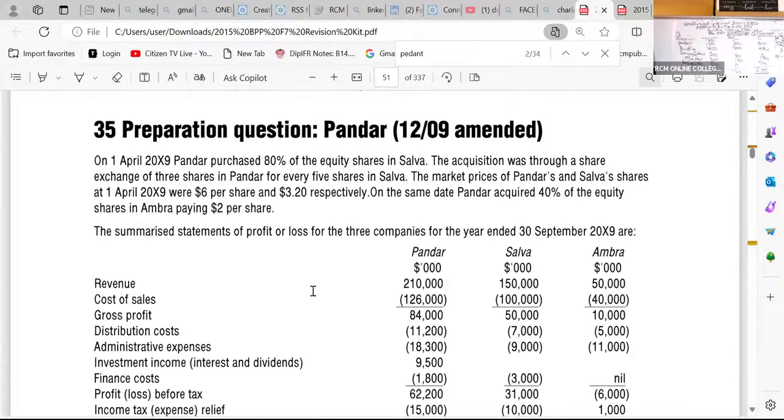So this question number 35, Pandar. It's a question that has got a share exchange. Pandar purchased 80% of the equity shares in Salva. The acquisition was through a share exchange of 3 shares in Pandar for every 5 shares in Salva. The market price of the Pandar and Salva shares as at that date is given.